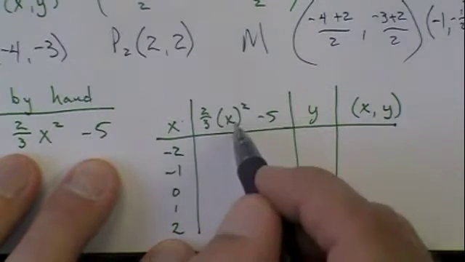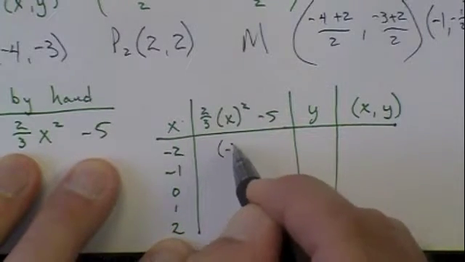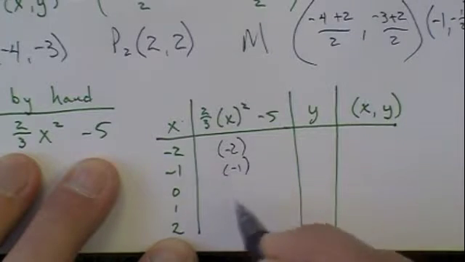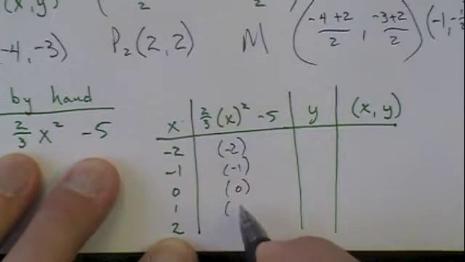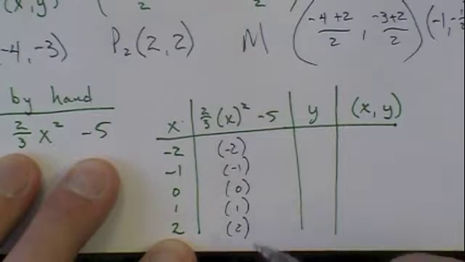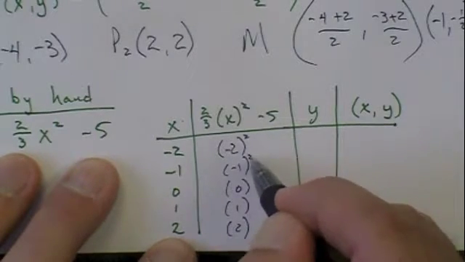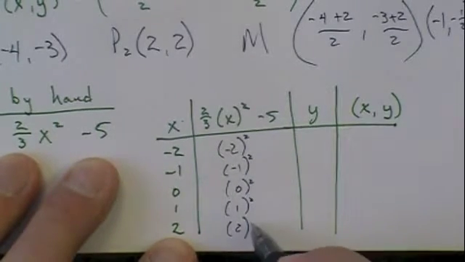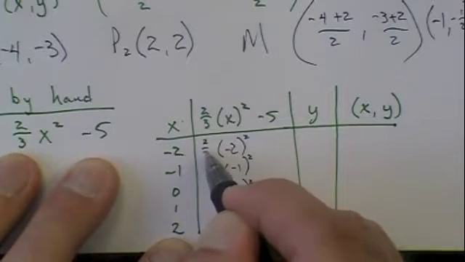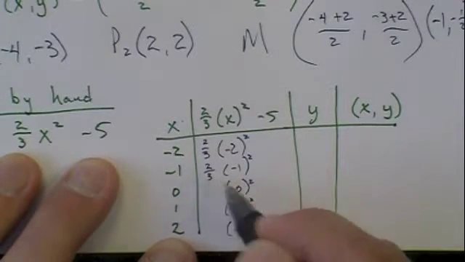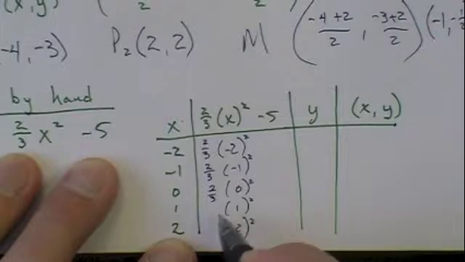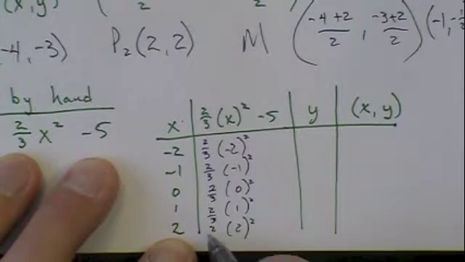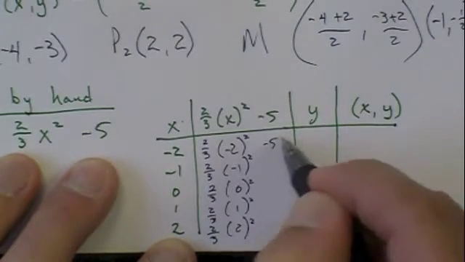So if we plug in our x values of -2, -1, 0, 1, and 2, and we're squaring each of those, that would be the first thing we would do on each of these. Then we're going to take 2/3 of that. After we square it, we multiply the 2/3, and then we subtract the 5 from that point.